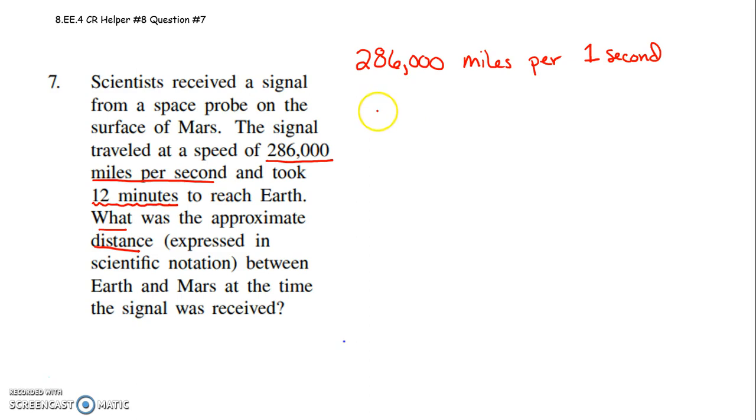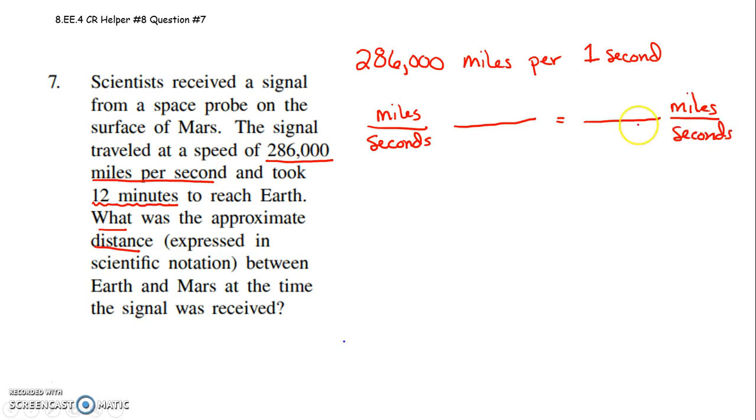All right, so I'm going to do miles per seconds. A lot of times we set up our ratios that way as 7th graders. I'll show you the upside down caret method also, because that's what you did as 6th graders. And now you're 8th graders, so you've seen it both ways.